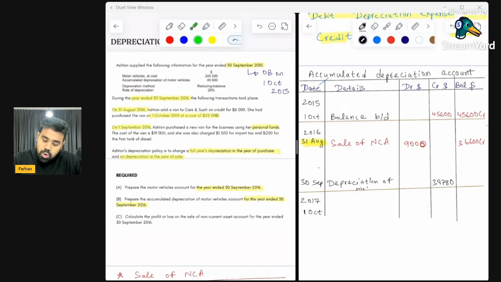It can be any non-current asset. So we will write depreciation of motor vehicles. Okay. Now, what's the final balance? So we have got 39,780, which is recorded on the credit side. That is added to the previous balance of 36,600.